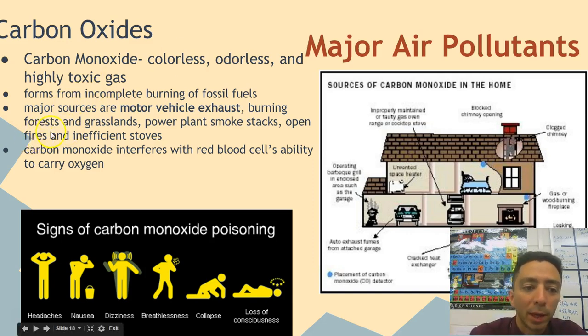So the places where we get carbon monoxide are burning forests or grasslands, a lot of stuff burning at one time, power plant smokestacks, since power plants burn a lot of fuel at one time, and inefficient stoves, which have poor oxygen intake. In all of these scenarios, you're burning something without enough oxygen, and that's when you produce carbon monoxide.